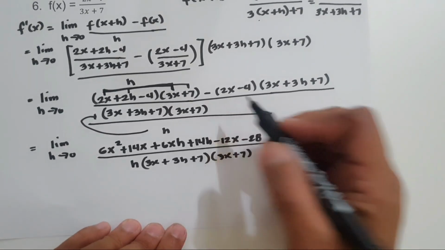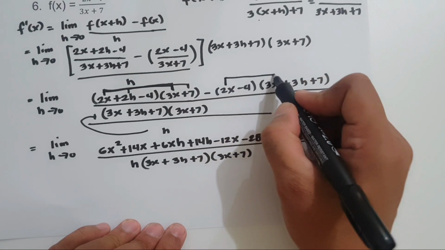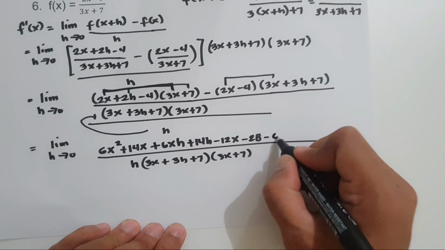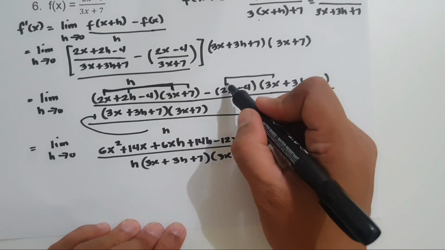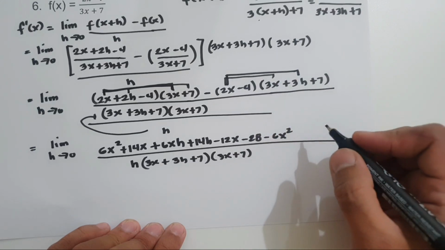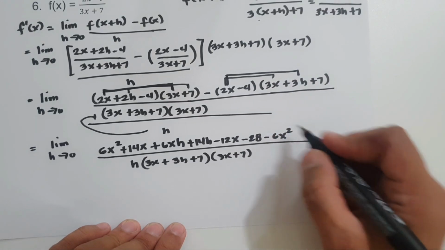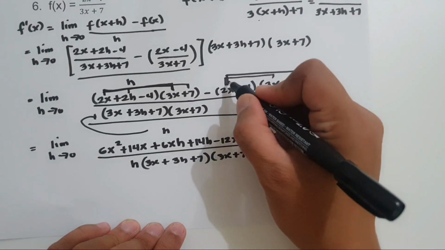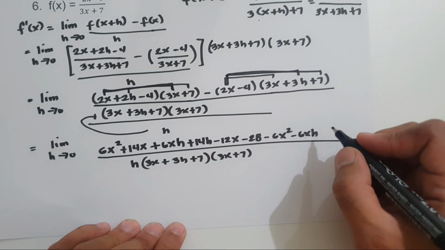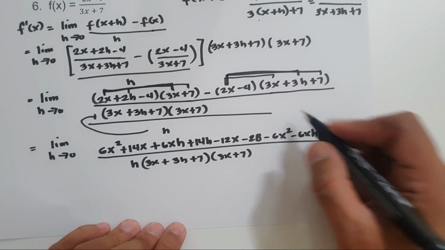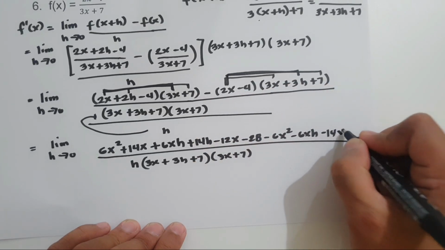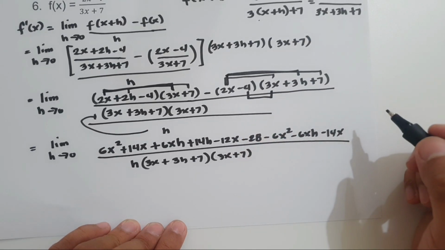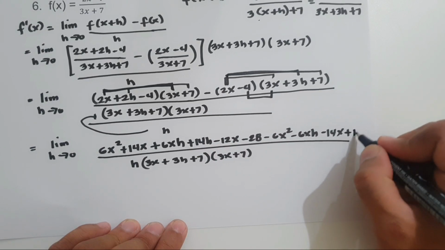While on this side, 2x multiplied by 3x is 6x squared, times the negative, that is negative 6x squared. 2x multiplied by 3h is 6xh, times negative is negative 6xh. And then 2x multiplied by 7 is simply 14x, times negative, that is negative 14x. And then negative 4 times 3x is negative 12x, times negative, that is positive 12x.